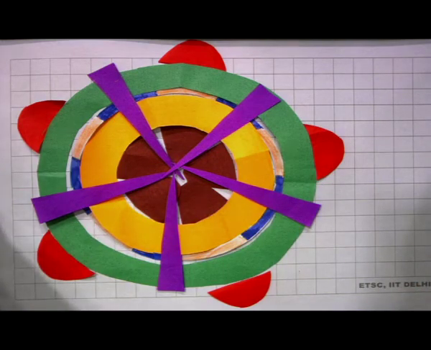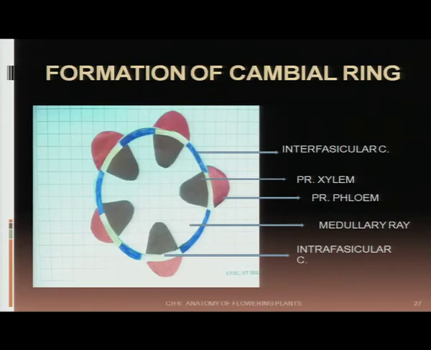Let us compare the two pictures or drawings that we had just drawn. So, here let us try to label them. As we had just discussed, the blue portions represented the interfascicular cambium and the orange portions represented the intrafascicular cambium.